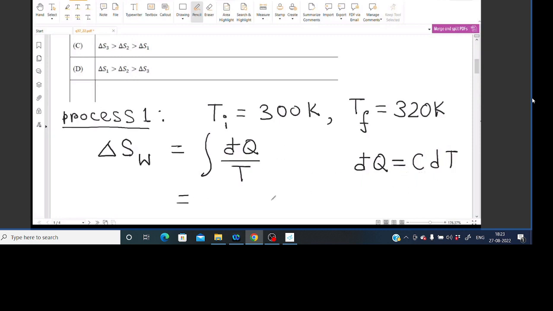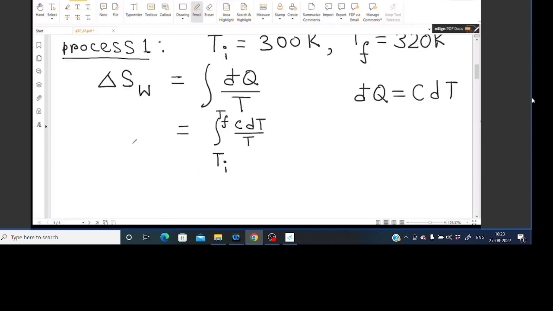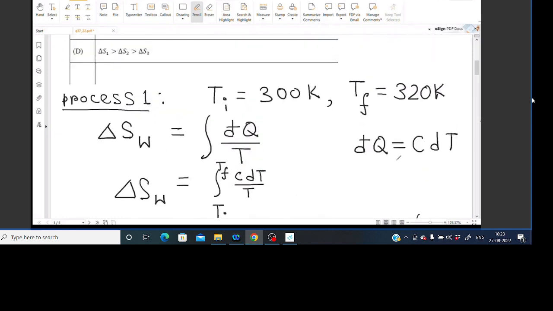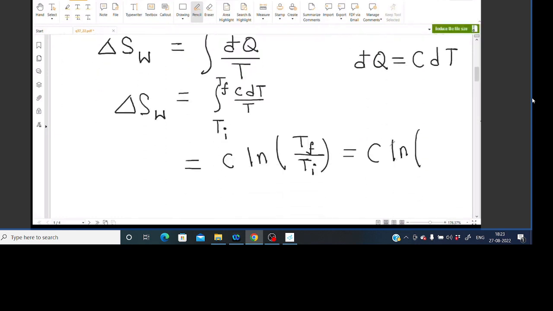Replacing del Q by C dT, we get this equation. After integrating it, we get the change of entropy of the water is equal to C times log Tf by Ti. Here Tf is equal to 320 Kelvin and Ti is equal to 300 Kelvin. So this is the change of entropy of the water in process 1.